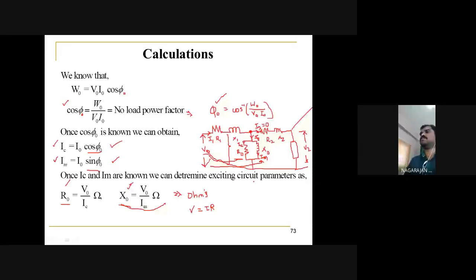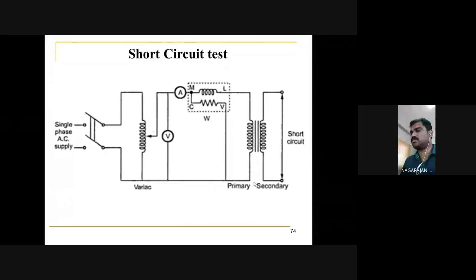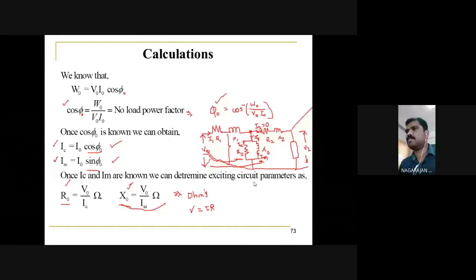So what is the result of the open circuit test? We are finding out the no load power factor, the core loss component, the magnetizing component, and R naught and X naught values. 5 data we are obtaining from the open circuit test.